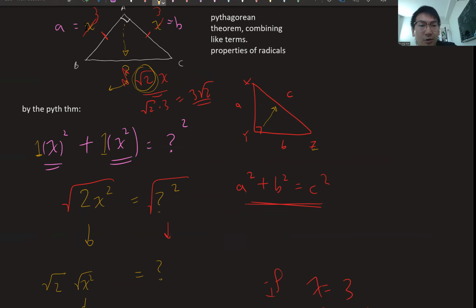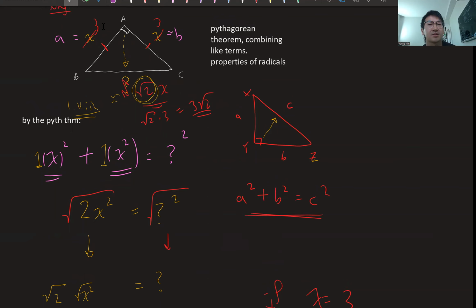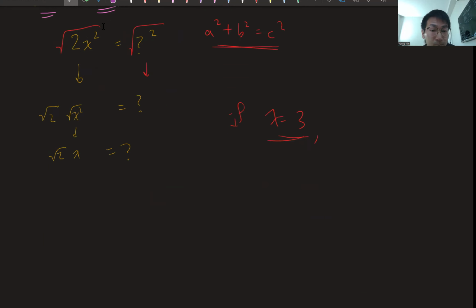But it has a bound, and it's approximately 1.4-ish. So in an isosceles right triangle, the hypotenuse is like 1.4-ish times x. You can use this as a sanity check in whatever questions you're given.